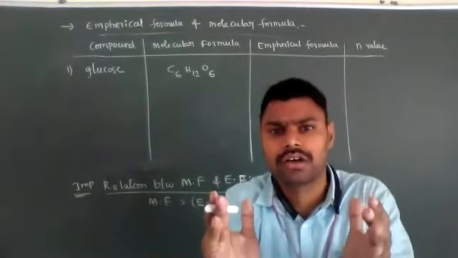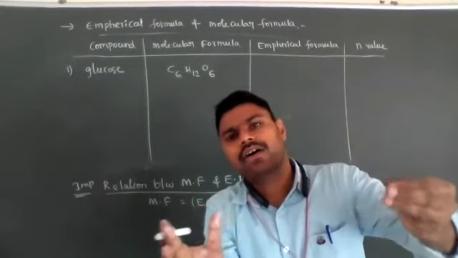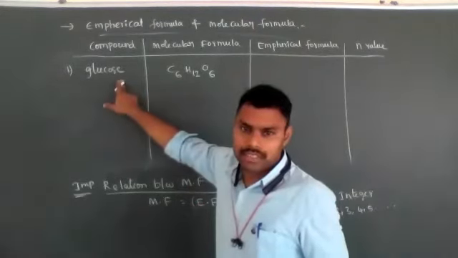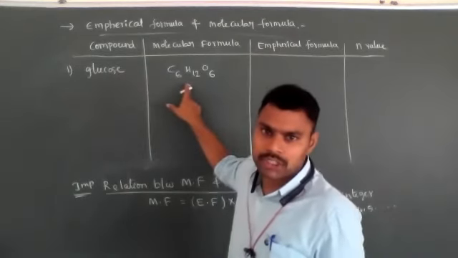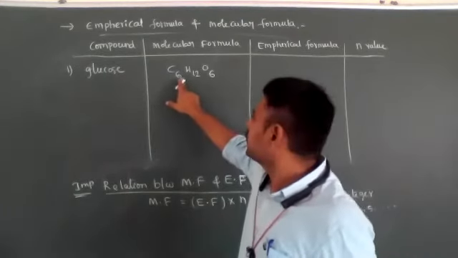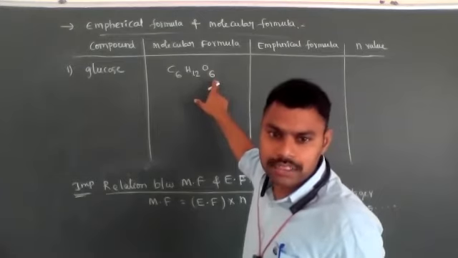C6H12O6 is one molecule. One mole of glucose contains 6.023 into 10 to the power of 23 C6H12O6 molecules.